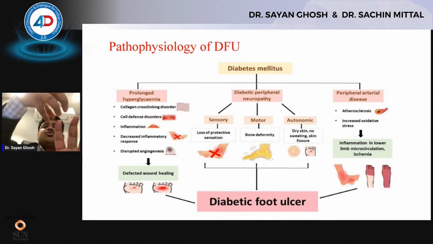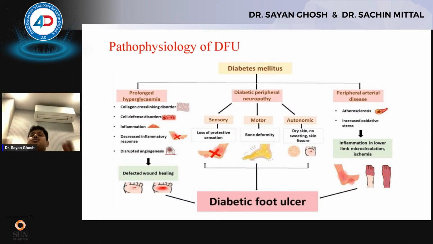But if the blood sugar level is high, prolonged hyperglycemia causes collagen cross-linking disorder, cell defense is impaired, there is decreased inflammatory response and disrupted neoangiogenesis, so improper healing. This ultimately leads to defective wound healing.